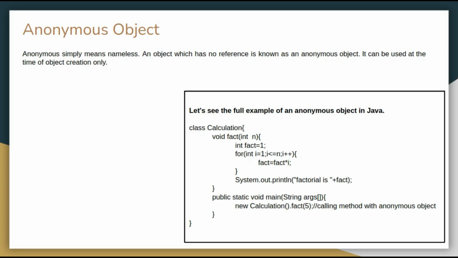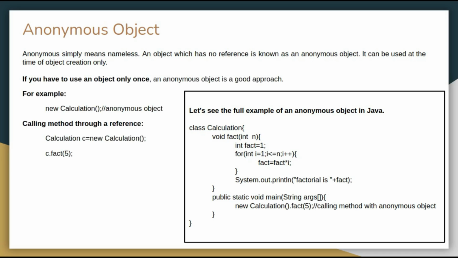If you see the example, in this example we have a Calculation class. If it is not an anonymous object, we perform Calculation C equal to new Calculation, and then we call our method fact with some parameter, like C.fact, passing the parameter 5, and then it will call my method and perform all the operations.